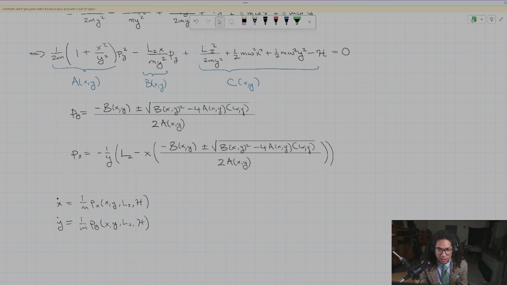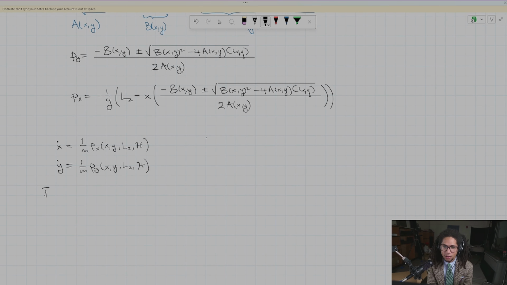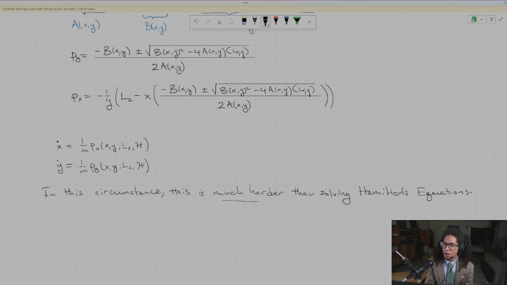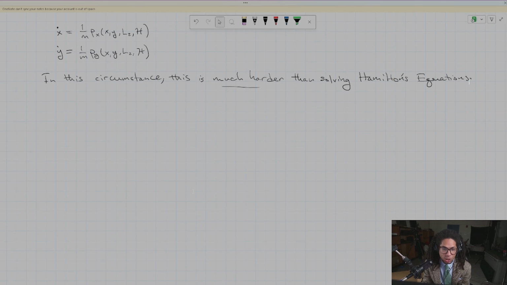Okay. Now, in this circumstance, this is much harder than solving Hamilton's equations. But imagine that we had been dealing with something that was a lot more complicated than the harmonic oscillator, but that still had rotational symmetry.